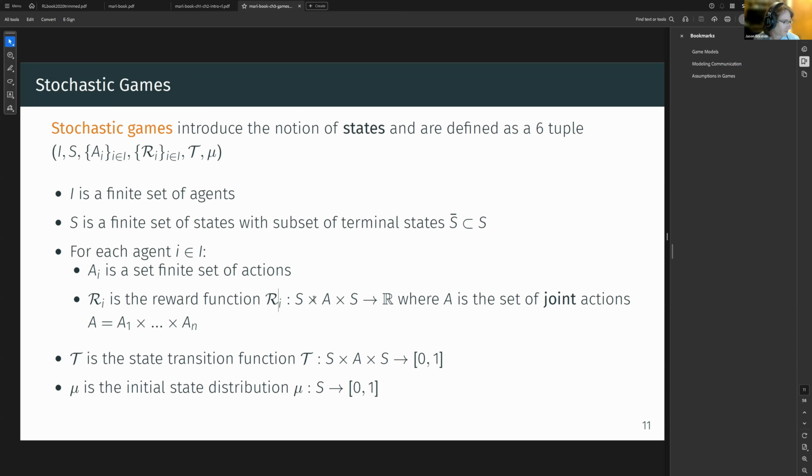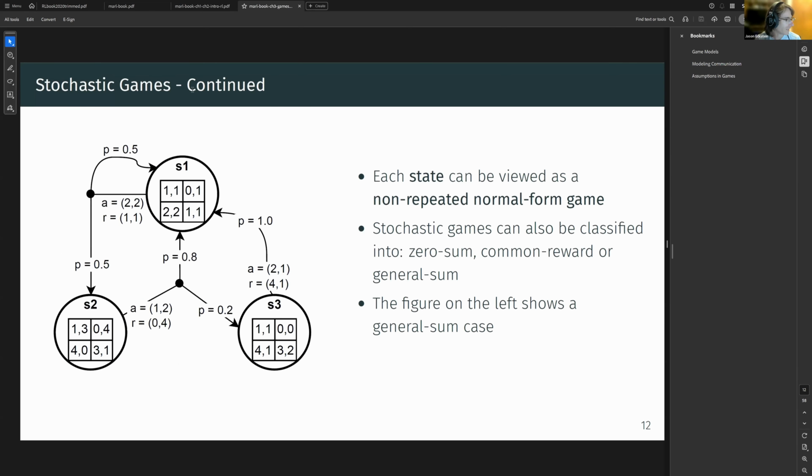Another way of thinking about this is that we're transitioning to basically different games on every time step, where each one of those games has its own reward function. But we'll see that here in this table. Before, in the previous table, we had just one of these circles. And this circle defines a two-player game, the joint actions.